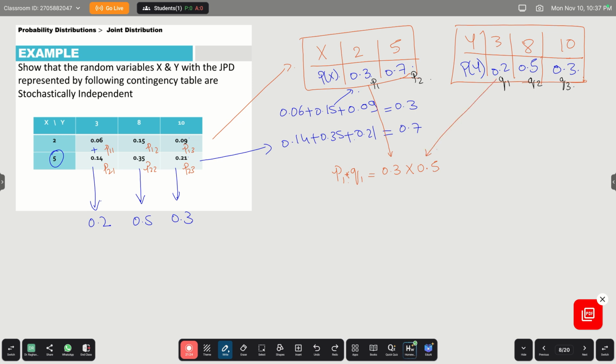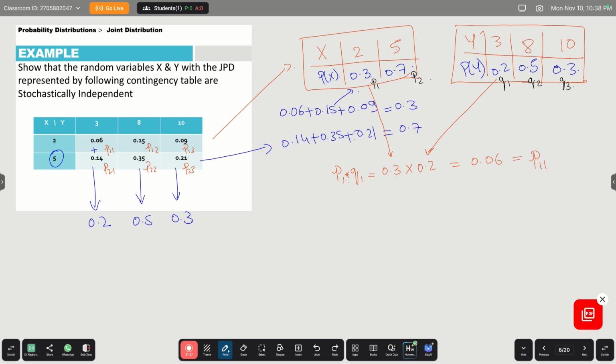Oh sorry, I made a mistake. This is not 0.5, this should be 0.2. So if I multiply these two values, 3 2s are 6. So 2 decimal places are there. So this is 0.06. Now the question is, is this 0.06 same as P11?